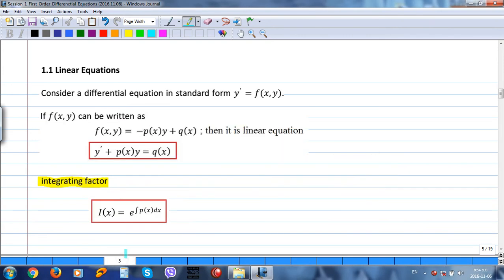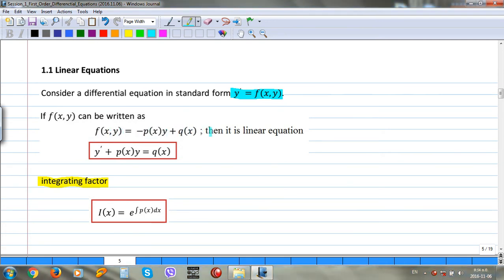Then we have to know about linear equations. From the standard form y dash equals f(x, y), if f(x, y) can be written in the form f(x, y) equals minus p(x)y plus q(x), then it is a linear equation.